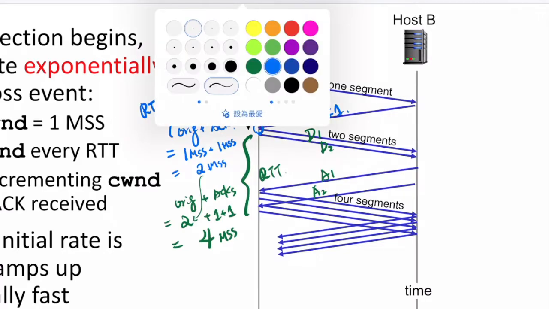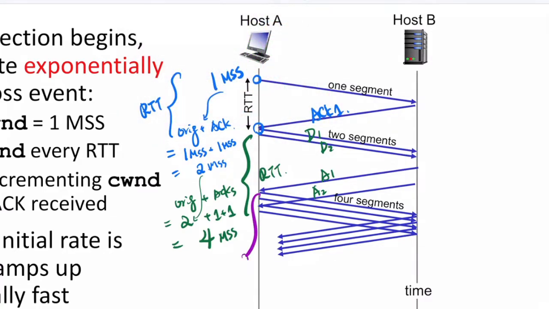The next round is very simple. It should be 8 MSS, because I can send 4 packets out and I will receive 4 acknowledgements. Originally I have 4 MSS, and due to the 4 acknowledgements, the current congestion window is 8.